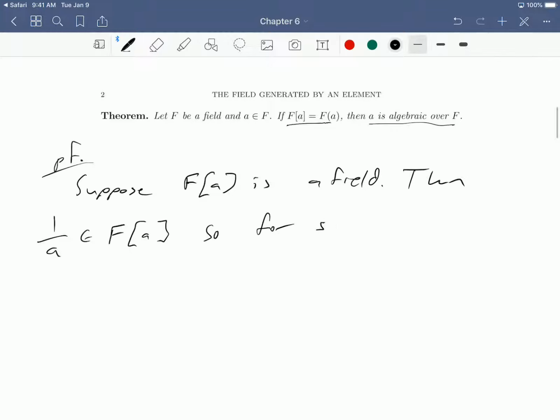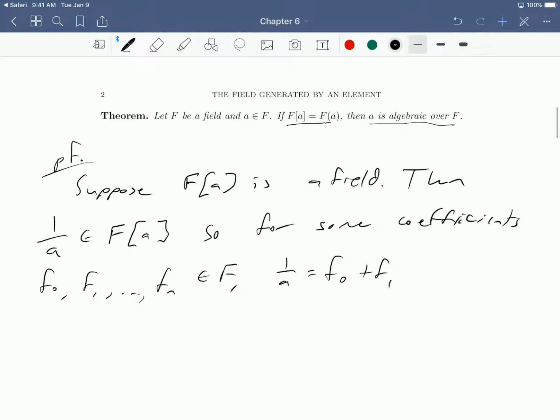So for some coefficients F0, F1, dot, dot, dot, up to Fn, in F, 1 over A is equal to F0 plus F1A plus F2A squared plus dot, dot, dot, all the way up to Fn, A to the n. Okay, so if 1 over A is in F adjoin A, the ring, then it means we can write 1 over A as one of those polynomial expressions in A.